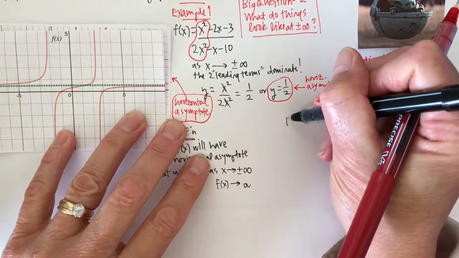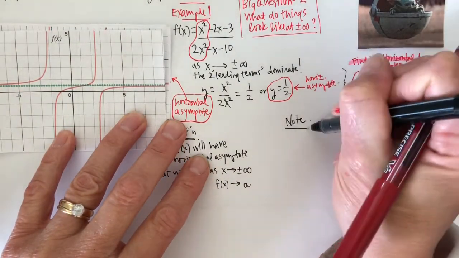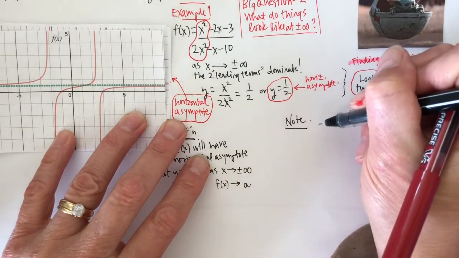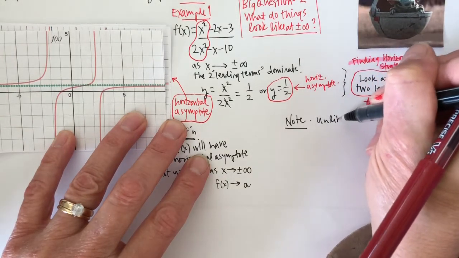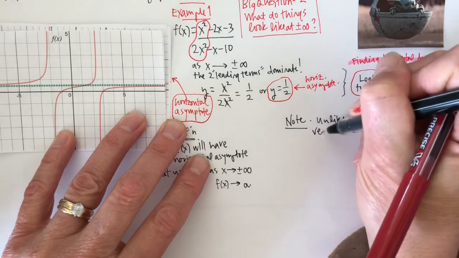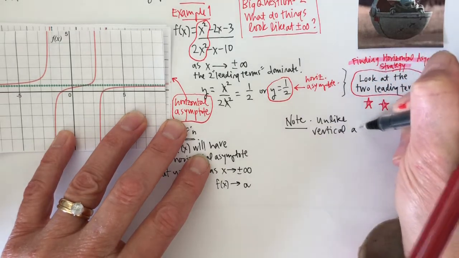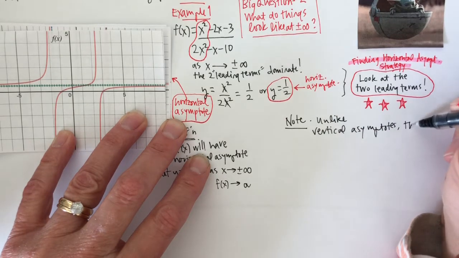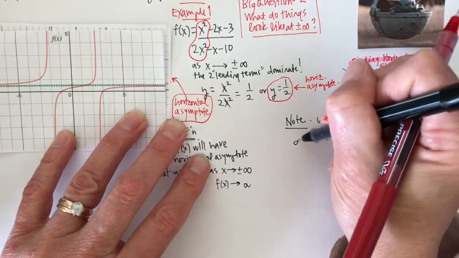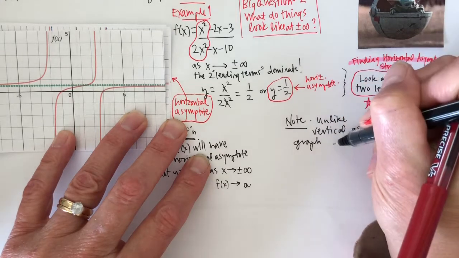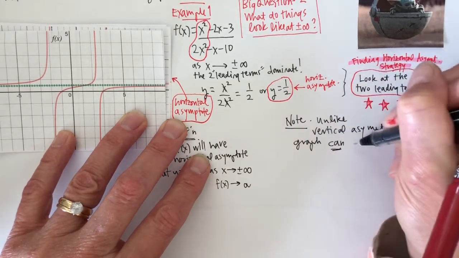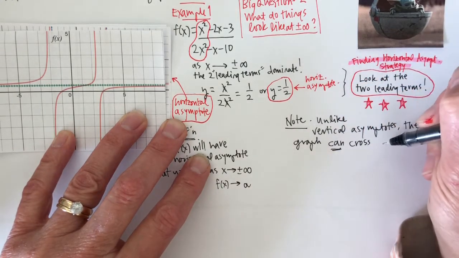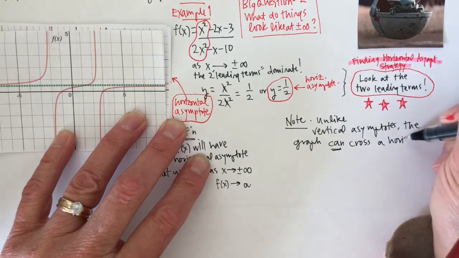So horizontal asymptotes get away with a little bit more than we let vertical asymptotes do. So unlike vertical asymptotes, the graph of our rational function can cross a horizontal asymptote.